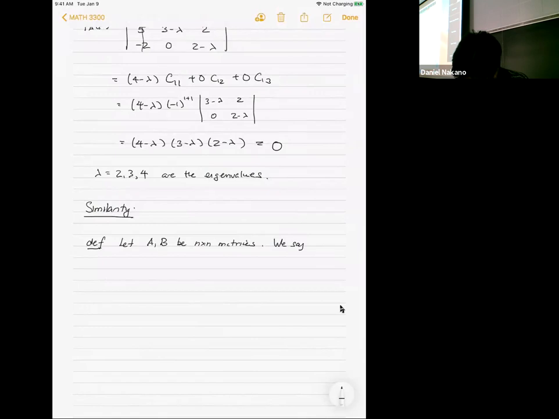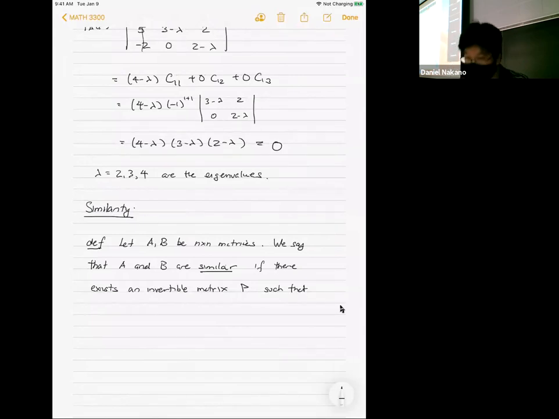We say that A and B are similar if there exists an invertible matrix P, which is also n by n, such that I can get from one to the other by doing some type of conjugation.